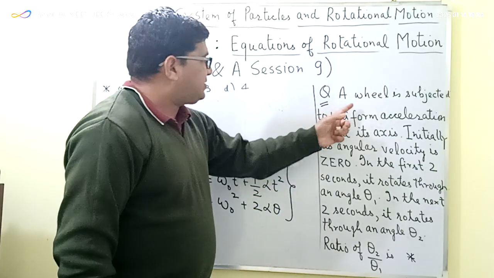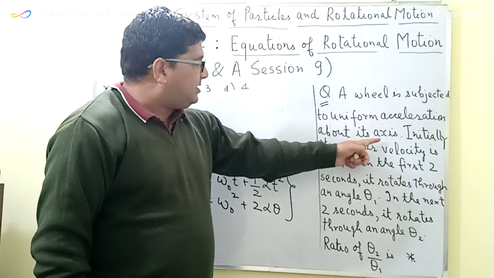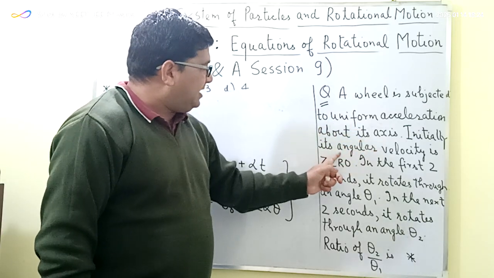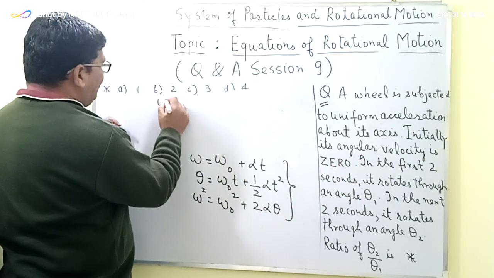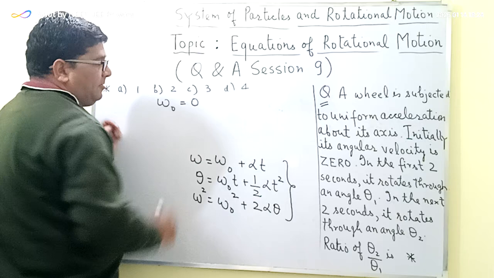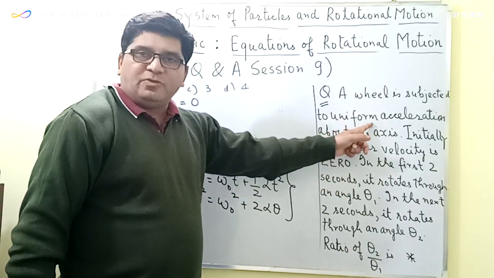So in this question there is a wheel which is subjected to uniform acceleration about its axis. Initially its angular velocity is 0. So omega naught is equal to 0, and this wheel is subjected to uniform acceleration.